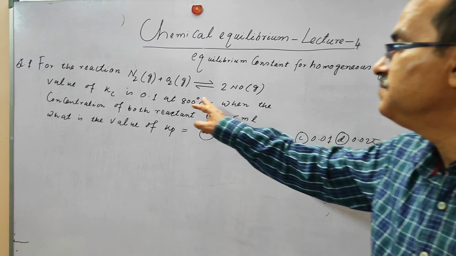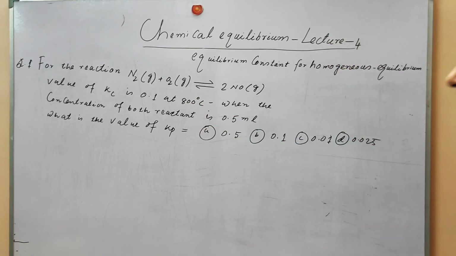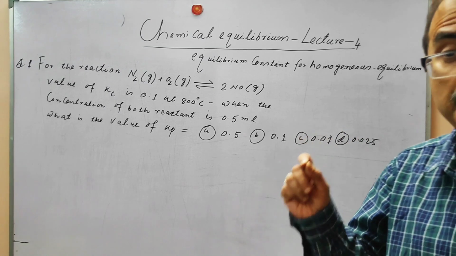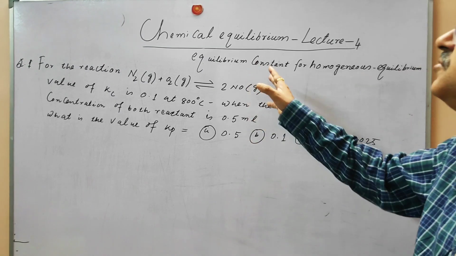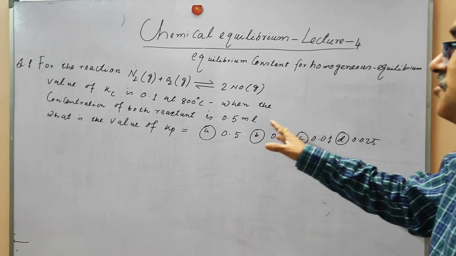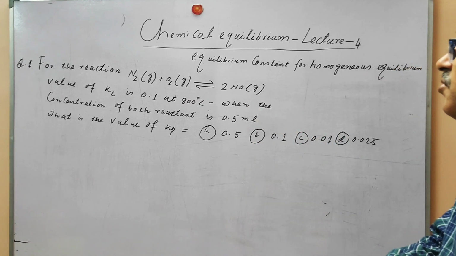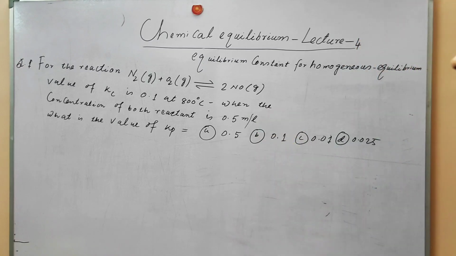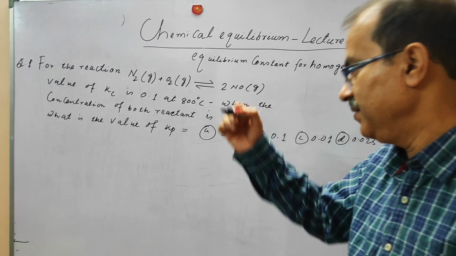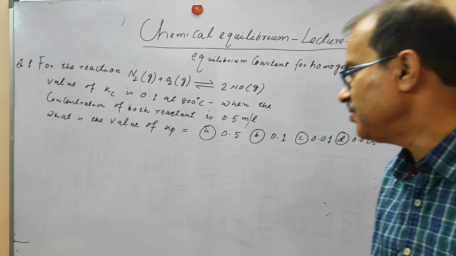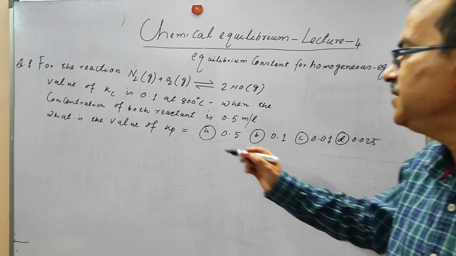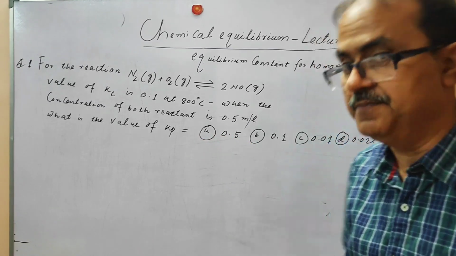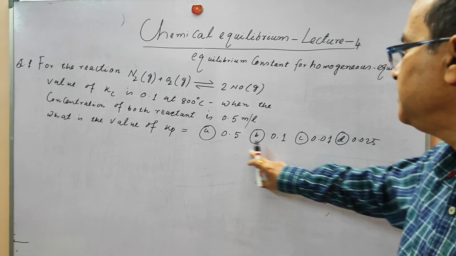The concentration of both the reactants is 0.5 mole per liter at the equilibrium point, and Kc is 0.1. Then you have to see which will be the value of Kp. The options are given here.